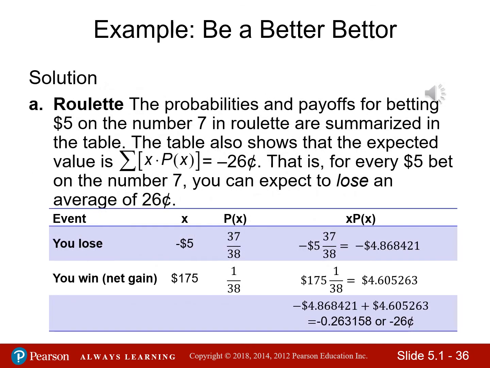The probabilities and payoff for betting $5 on the number 7 at the roulette wheel are summarized in this table. So from this table we can see that the expected value is a negative 26 cents. In other words, for every $5 you bet on the number 7, you can expect to lose on average 26 cents.